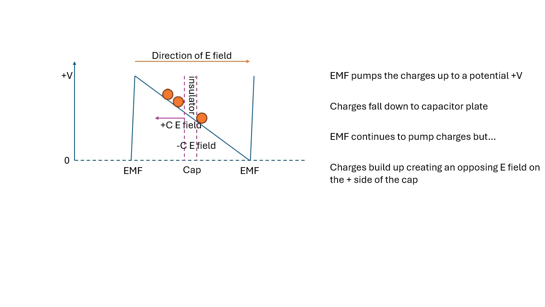These charges also create an electric field pointing to the other side, towards what we know as the negative side of the capacitor. The charges there will feel this field as well, and they'll be forced away. This creates charge depletion.